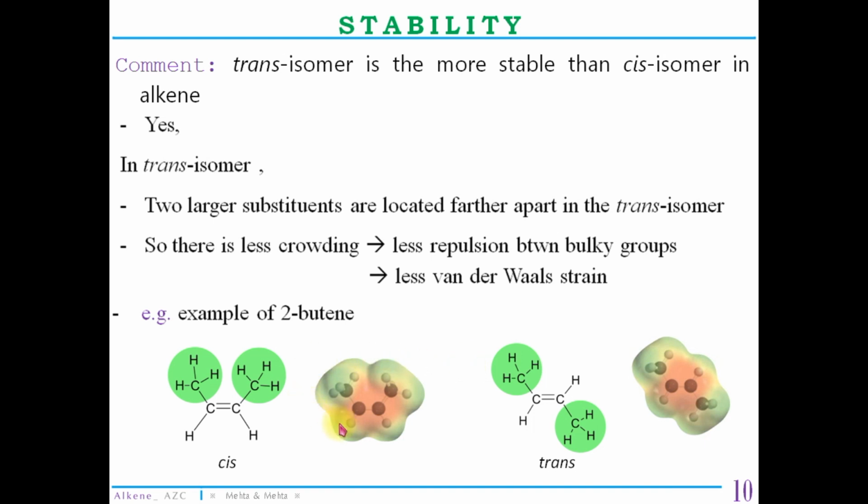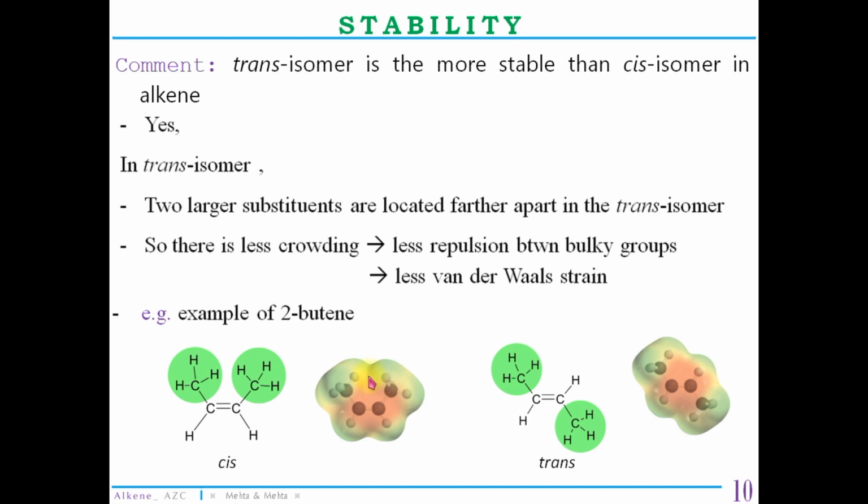When we see the electron density map of 2-butene, in the cis isomer the methyl groups are on the same side, so there is overlapping of the electron cloud, more crowding, and more repulsion.